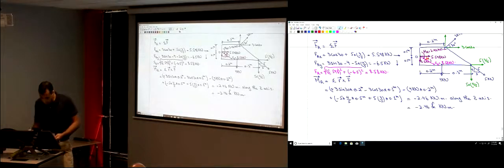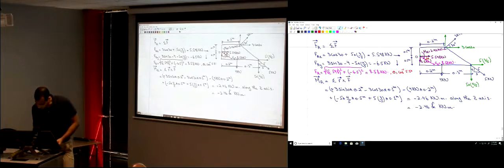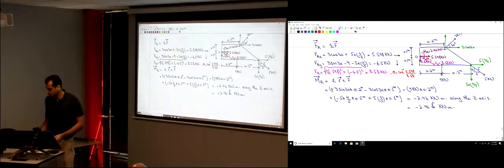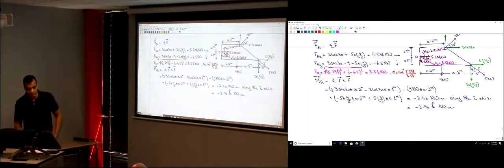Exactly, you can find theta. Theta is the inverse of 5.598 divided by 8.58. That's the angle theta of that force.